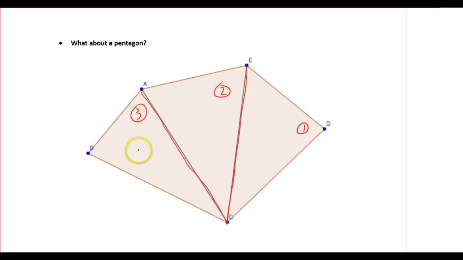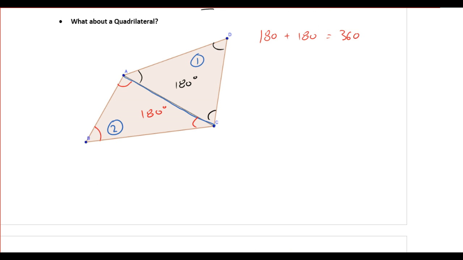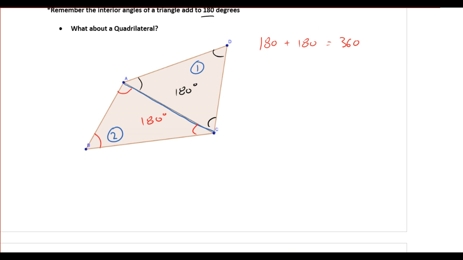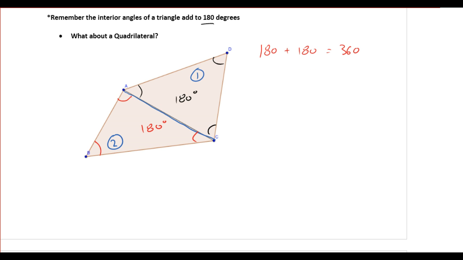So if all the triangles have 180 degrees, well, the sum of the pentagon's internal angles, so 1, 2, 3, 4, and 5, are going to add up to 180 times 3, which is going to be 540, which is 180 more than for the quadrilateral, and it's twice as much, or 360 degrees more, than the triangle.